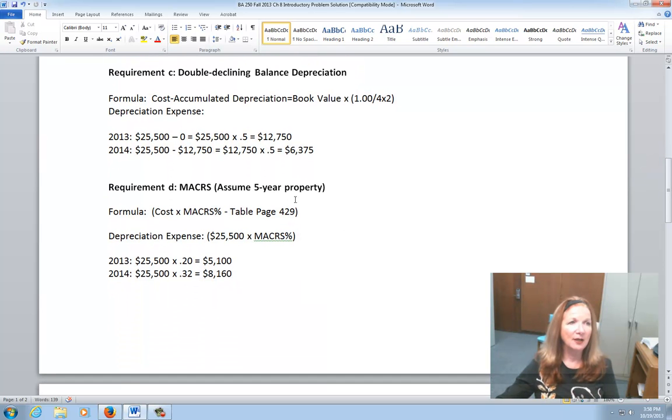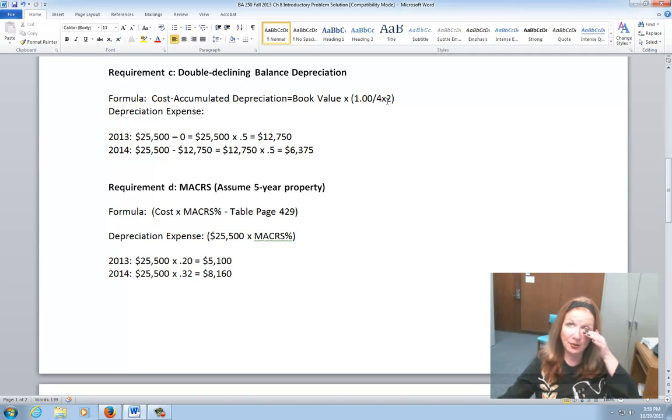Now, under the double declining balance method, the formula is cost minus accumulated depreciation, which is book value, times the life stated as a percentage, or 4 divided into 1 to get 25%, and then times 2 to accelerate it, double the straight line method, which in this case would be 50% a year.